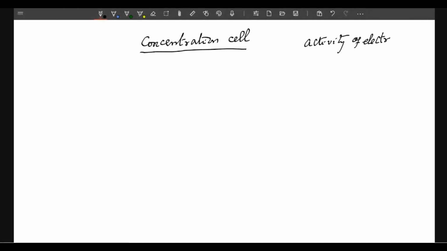What electrode we are making use of to construct that cell. If their electrode potentials are different, we are getting a very high voltage. If their electrode potential values are very near to each other, we are getting a feeble current. Therefore, the cell EMF depends upon the activity of the electrode.